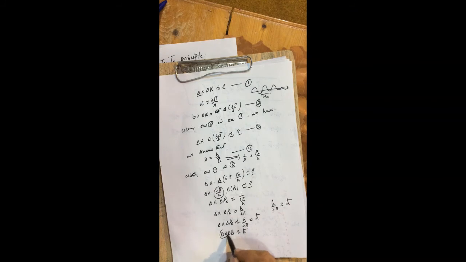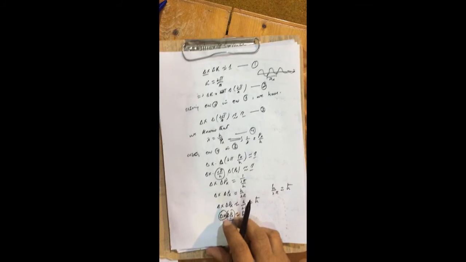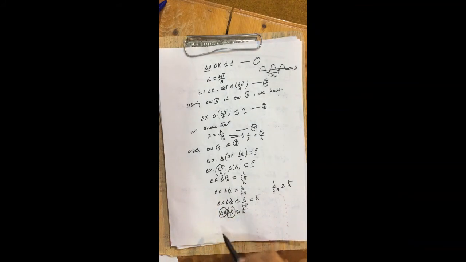Here this is the error in measuring the position, and this represents the error in measuring the momentum. So the error in measuring the position as well as the momentum is of the order of h bar. So it means that if we measure position precisely and accurately, then the error in measuring the momentum will be greater.